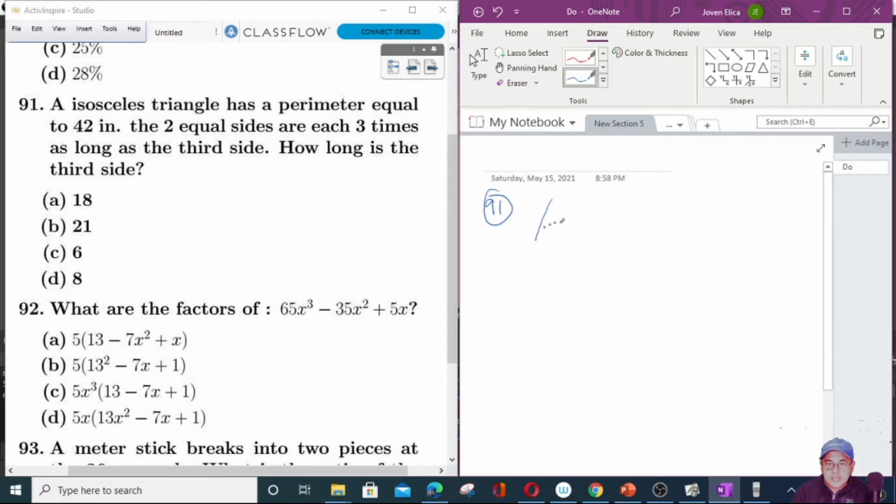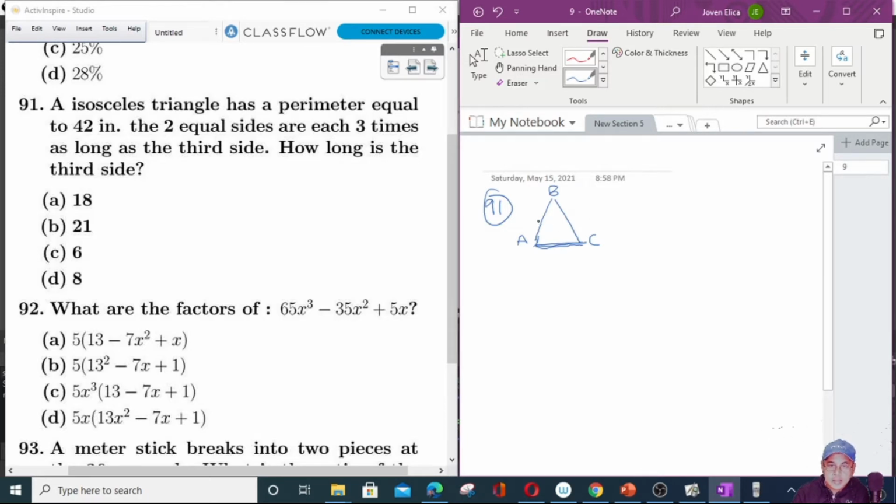So let's say we have an isosceles triangle. Let's say we have a triangle here, with sides A, B, and C. In the given triangle, an isosceles triangle, the first property is two sides are equal.